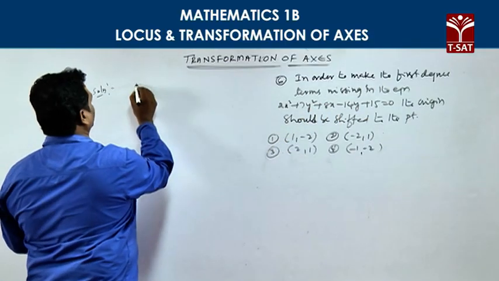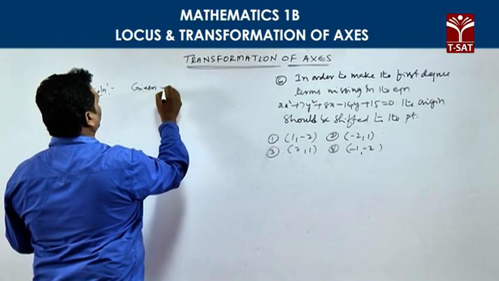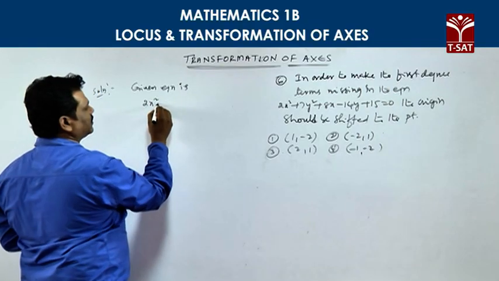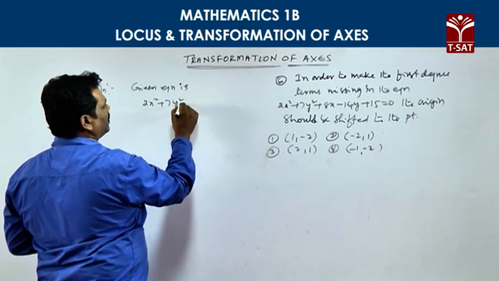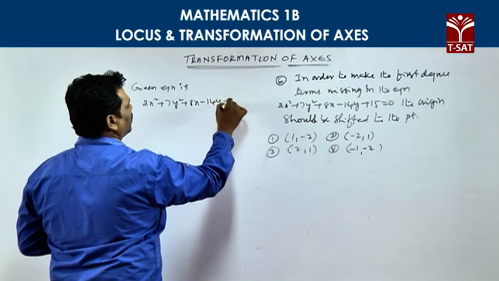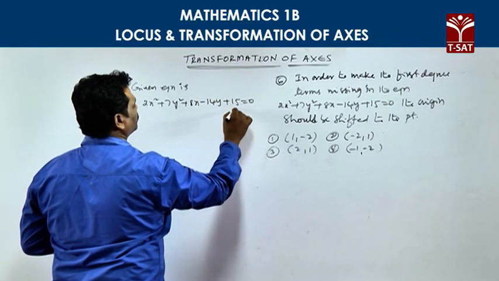So here the solution is: given equation is 2x square plus 7y square plus 8x minus 14y plus 15 equal to 0.